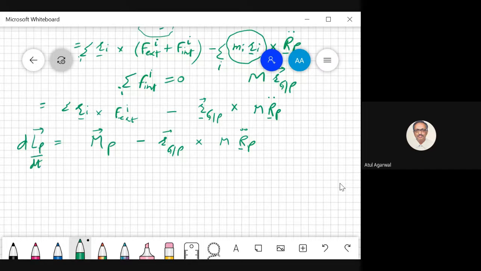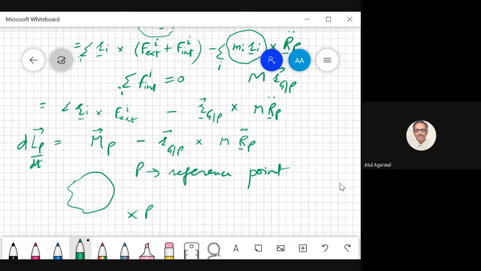So you see, when you do such a thing, now your P is your reference point. This P is having some acceleration. So what is happening is, you are finding moment about this point P. You're writing your equation about this point P. So you say, what is the time derivative of angular momentum?